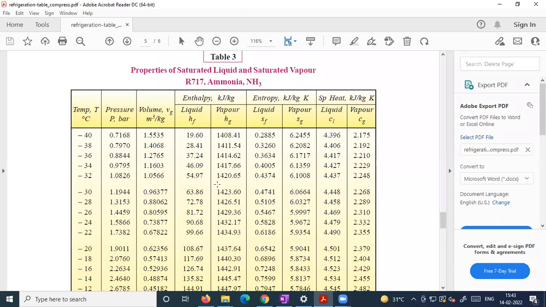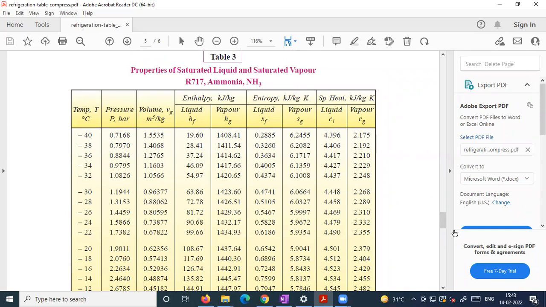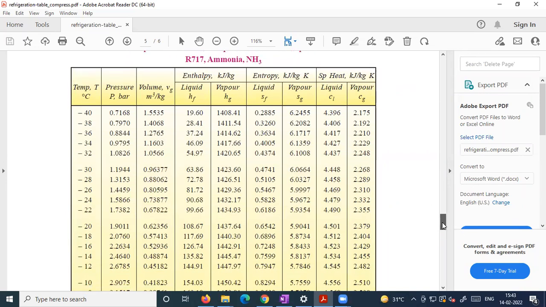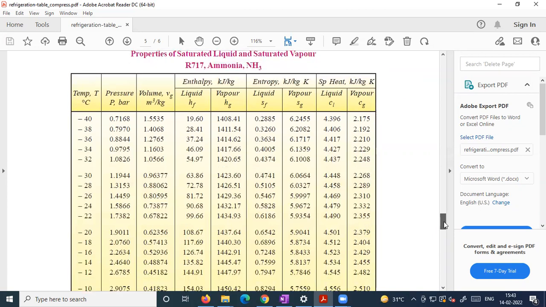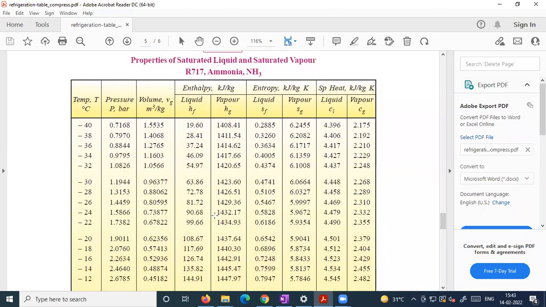Can you see this now? R717 ammonia. This is the refrigerant table for R717. This is called a refrigerant table.